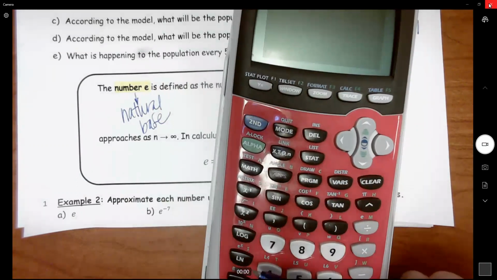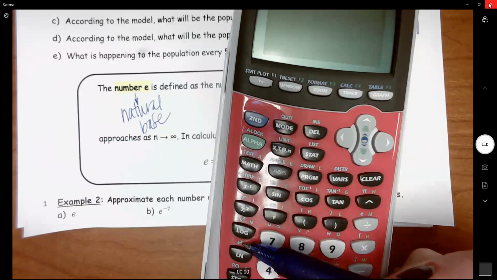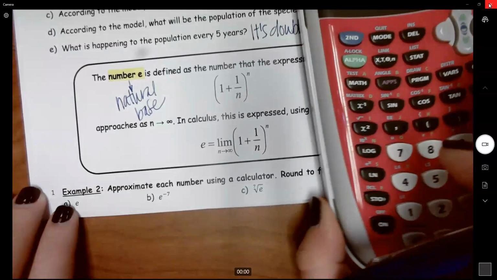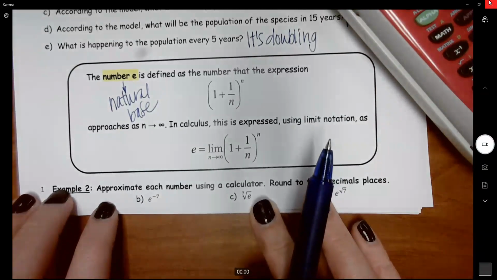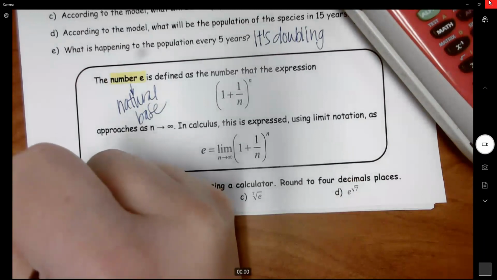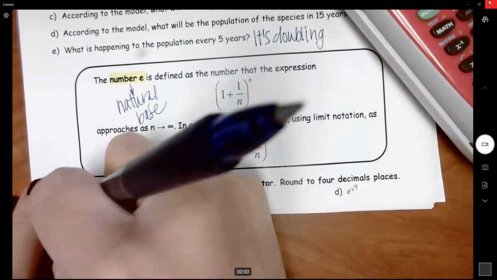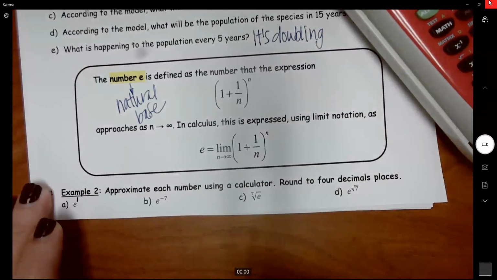Above your natural log button, which you'll understand more why these two are connected, you have your e to the x. So here we need to approximate each number using a calculator, rounding to 4 decimals. If you just have e, that means this is the same as e to the first.